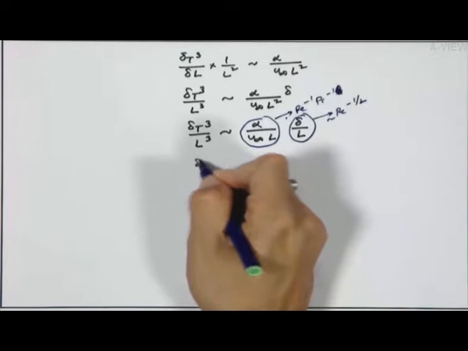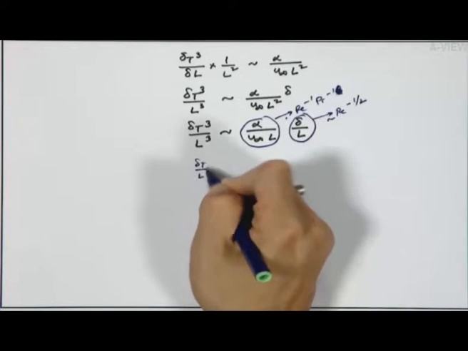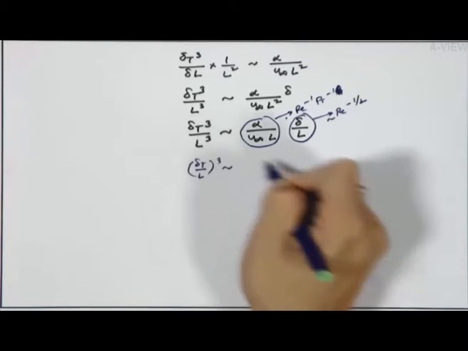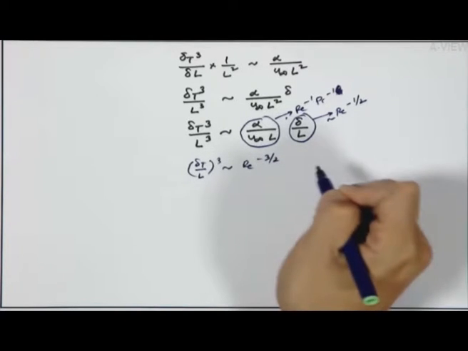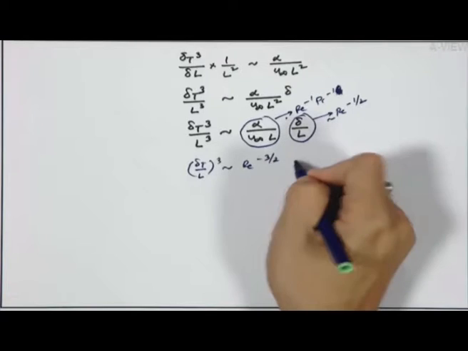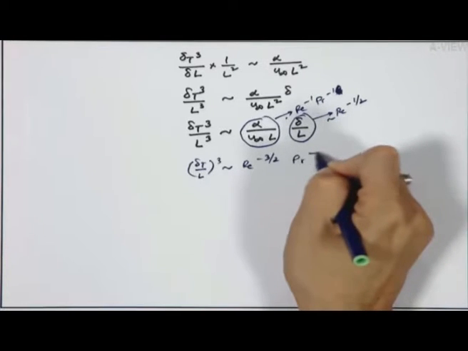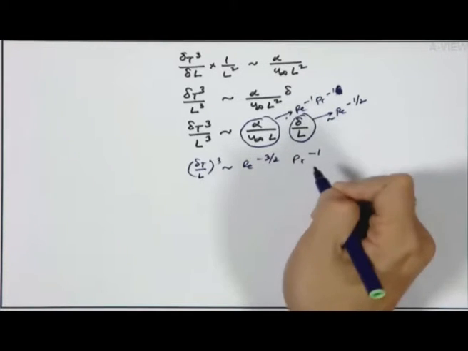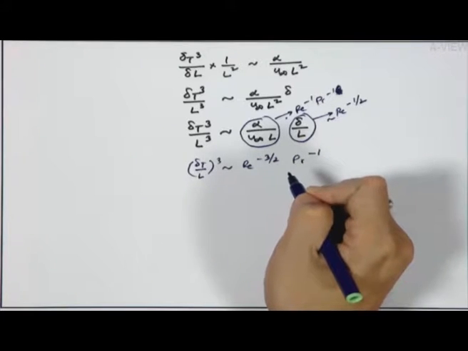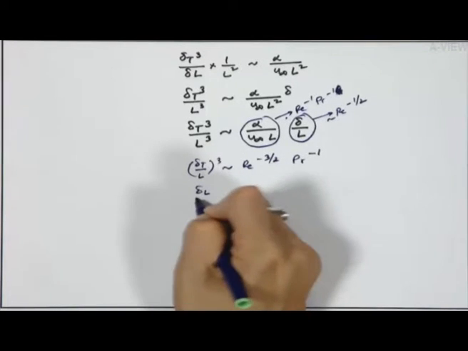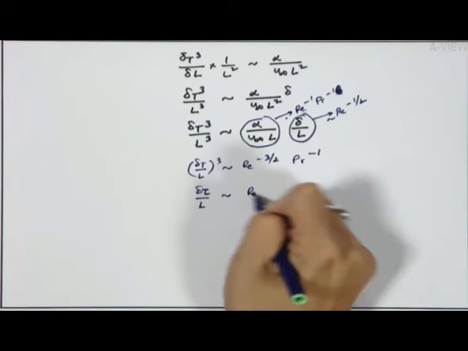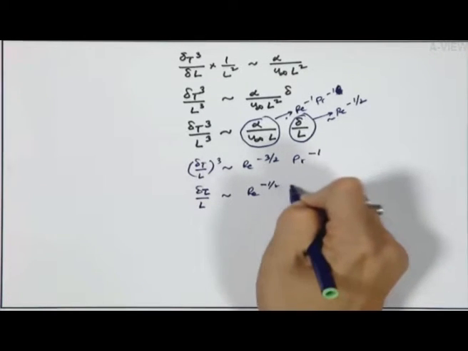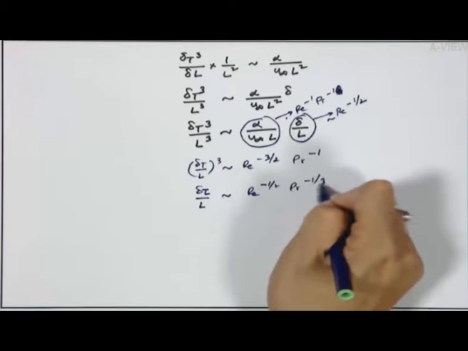So, delta T by L whole cube is of the order of Reynolds number to the power minus 3 by 2 and Prandtl number to the power minus 1. So, delta T by L becomes of the order of Reynolds number to the power minus half into Prandtl number to the power minus 1/3.